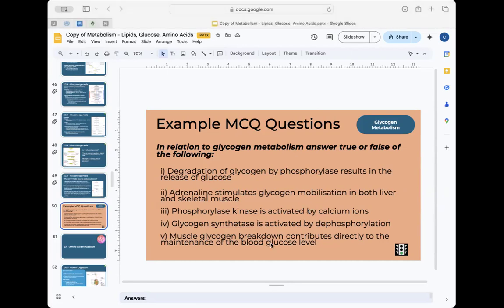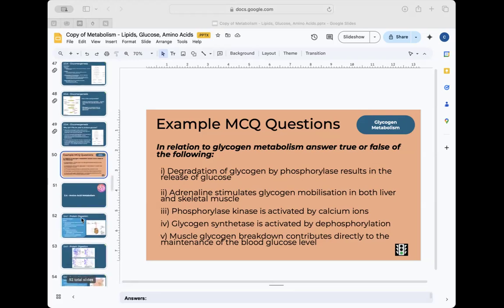Also true. Muscle glycogen breakdown contributes directly to the maintenance of the blood glucose level. That is false. So let me just see the chat. I don't know what's going on anymore with those answers, but they are also in the speaker notes if you want them, with justifications as to why.